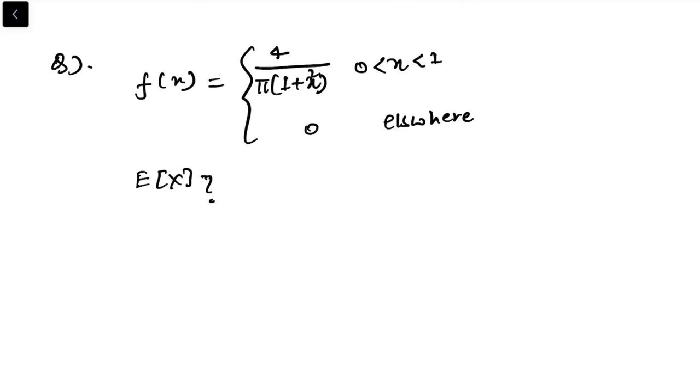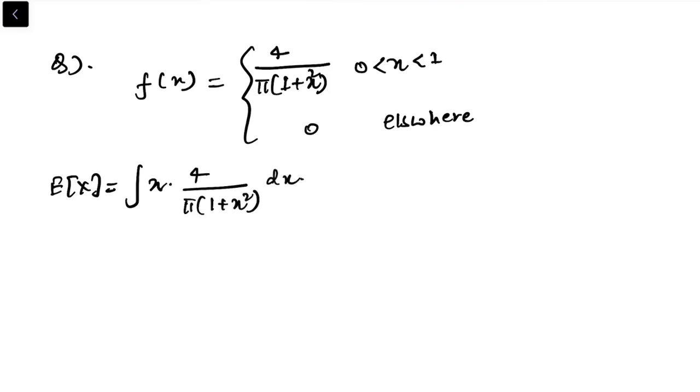So EX is the integration of X times PDF, which is 4 over pi times 1 plus X square, and this is dx, and the limit is from 0 to 1.